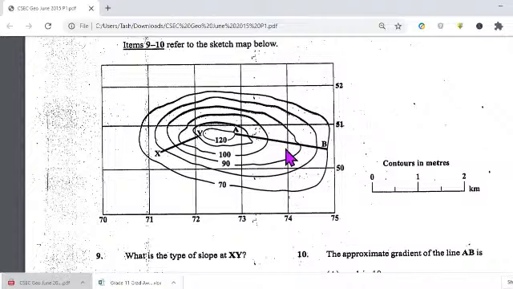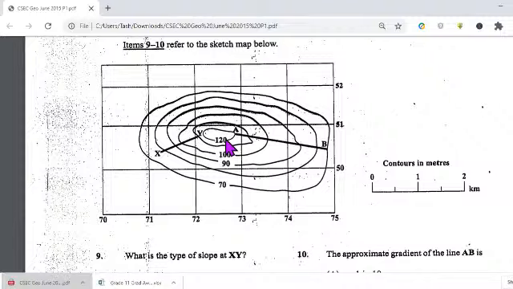The 2 points that we have here are A and B. How we know the height is by looking at the contour lines that they are attached to. So B is at 70 and A is at 120. If you were to take 70 from 120, you would have been left with 50.